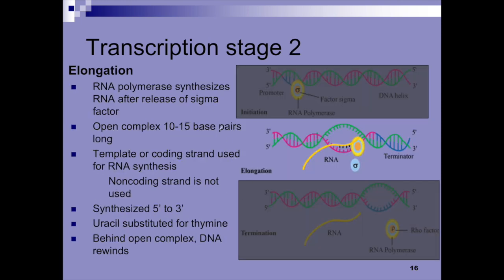Now in elongation, once the RNA polymerase gets activated, with the transcription factor bound, the sigma factor bound, and RNA polymerase attached and activated, it's ready to start its transcription process. The sigma factor will fall off. When the sigma factor falls off, that signals the end of initiation and the beginning of elongation.